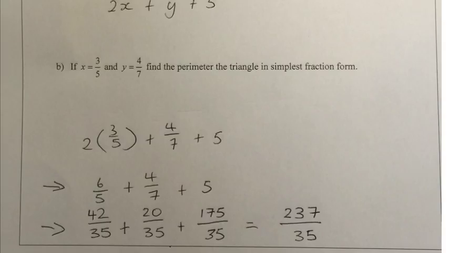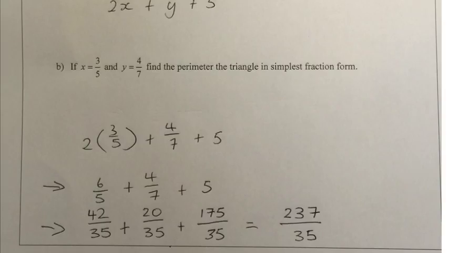Okay, so here we've got 2 times 3 over 5 plus 4 over 7 plus 5. That's the same as saying 6 over 5 plus 4 over 7 plus 5. Now if we're making a common denominator, we're going to multiply 6 over 5 by 7 over 7, which equals 42 over 35.